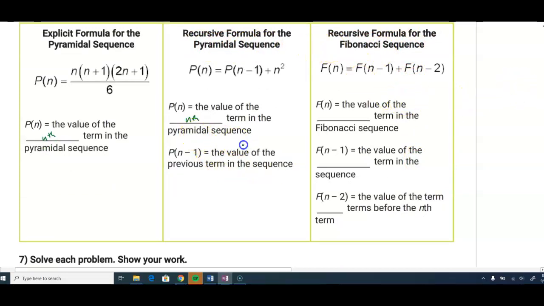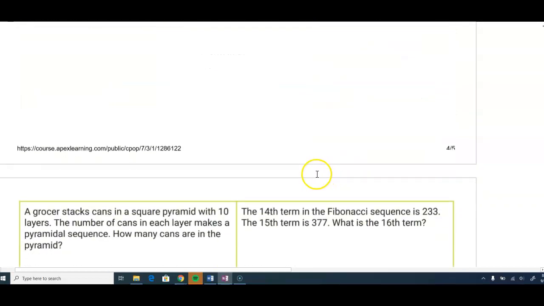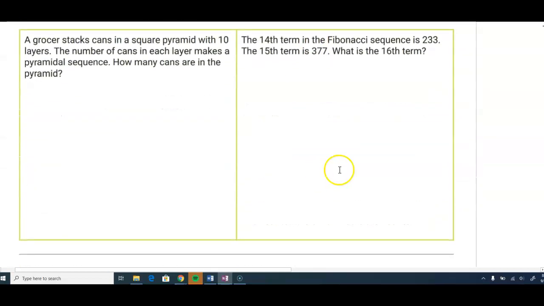So we know that f of n is the value of the nth term in the Fibonacci sequence, f of n minus 1 represents the value of the previous term, and f sub n minus 2 is the value of the term 2 terms before the nth term.